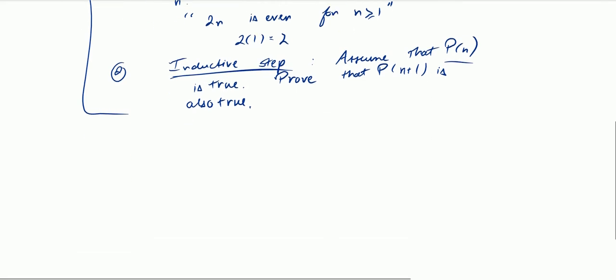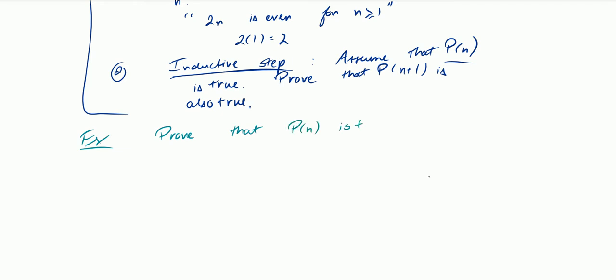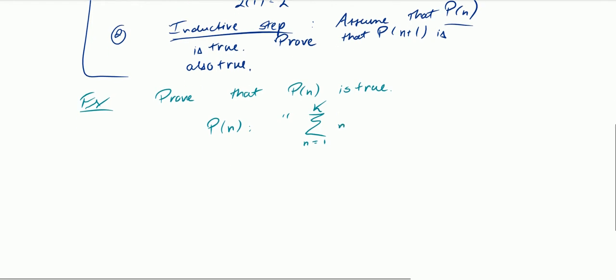Let me give you an example. Prove that the statement Pn is true, where Pn is the statement that the sum, sigma from n equals 1 to k of n, that is adding 1 plus 2 plus 3 until k, is equal to k times k plus 1 over 2.